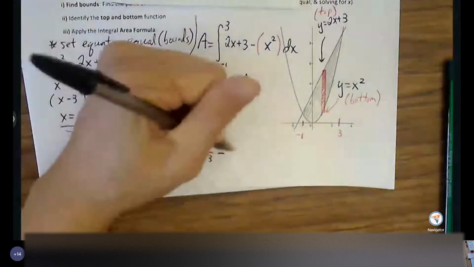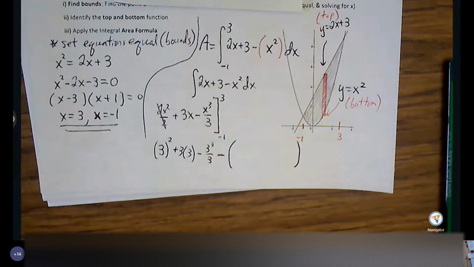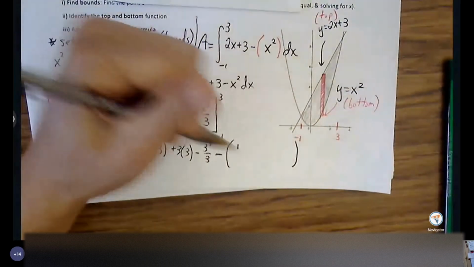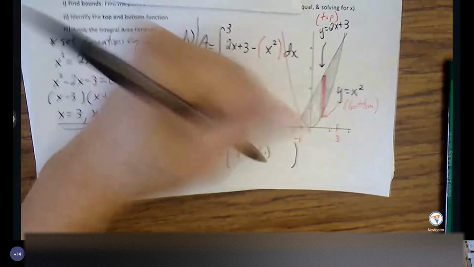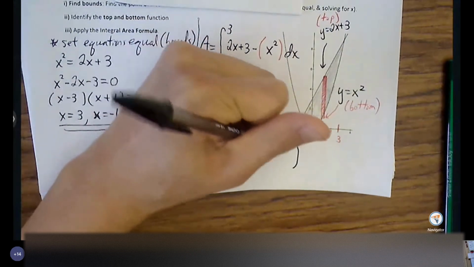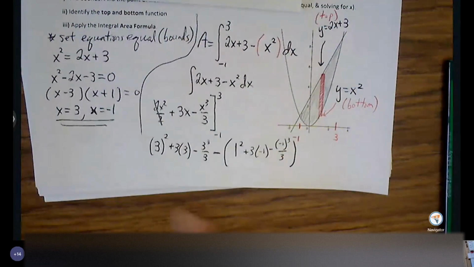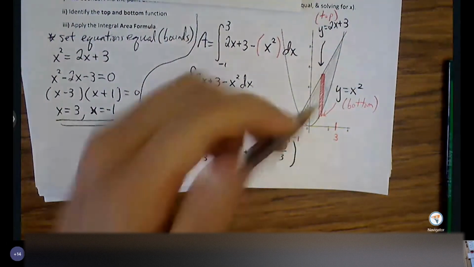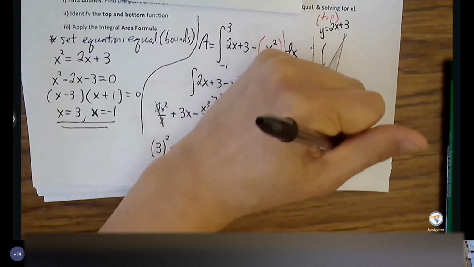Minus, and we want a big set of parentheses for the lower bound because of the minus sign in front. Okay, so we combine all these numbers together. You can use your calculator, but it ends up being area equals 32 over 3.